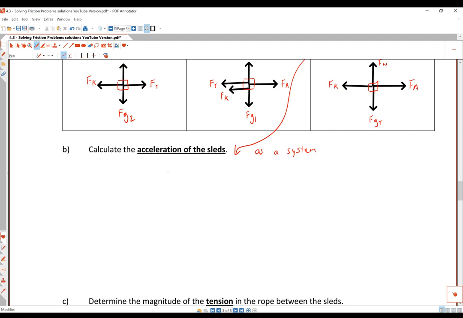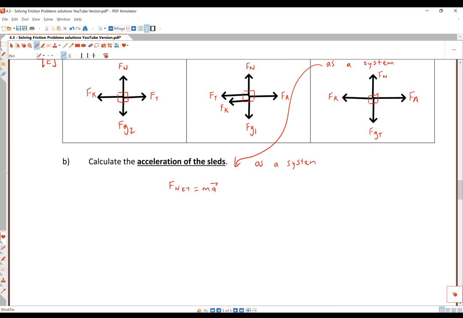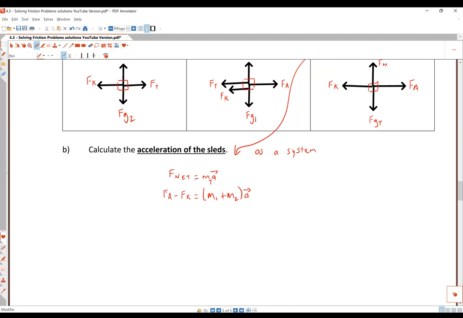Now, in order to do this, we need our net force formula. So F net equals mass times acceleration. Now, we have our applied force in our positive direction, and what's opposing it is our kinetic friction. So we're going to subtract that. And this is going to be mass total, the combination of the two sleds. So it's going to be mass 1 plus mass 2 multiplied by acceleration.